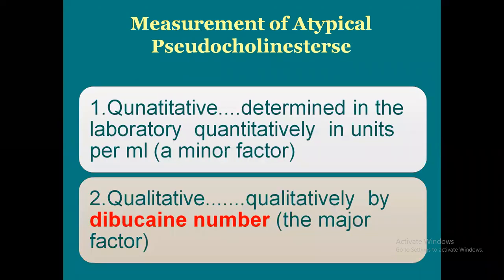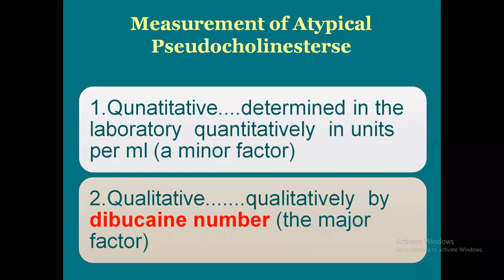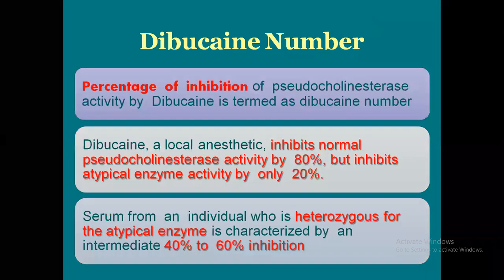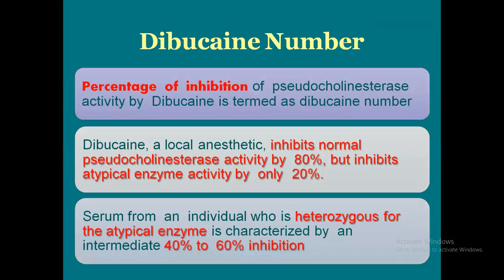Now, measurement of atypical pseudocholinesterase can be quantitative and qualitative. Qualitative, the most important, is known as the Dibucaine number. What is this Dibucaine number? The percentage of inhibition of pseudocholinesterase activity by dibucaine is termed the Dibucaine number. Dibucaine is actually a local anesthetic. It inhibits normal pseudocholinesterase up to 80%. So the Dibucaine number is the measure of the strength of the atypical pseudocholinesterase.